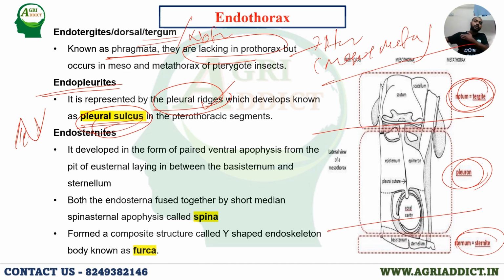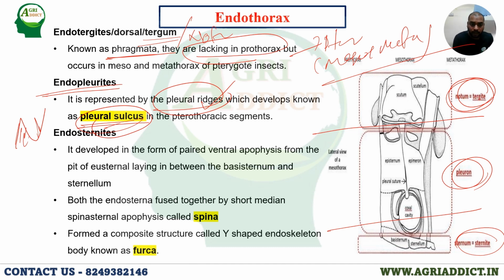Due to the attachment of the different legs, the pro leg, middle leg and meta leg, the posterior leg. So three pairs of legs are attached to the pleural ridges, the pleural sulcus, for the pterothoracic segments. Not only the legs, but also two pairs of wings, the mesothoracic wing and the metathoracic wing, are attached to this pleural sulcus, the pleural ridges.